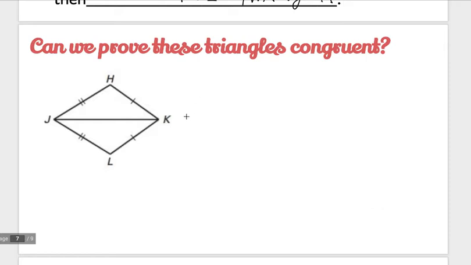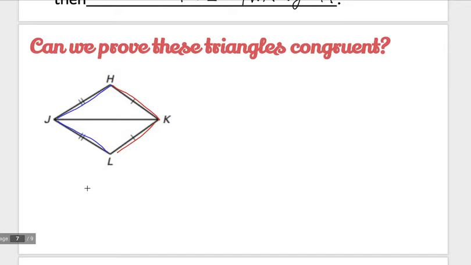So this one, if you check this carefully, according to the graph, the marks are provided on the picture. We know this side is congruent to this one, right? And also I know this side is congruent to this one. So sometimes some student might argue, we have only two pairs of sides. There's no method called SS.